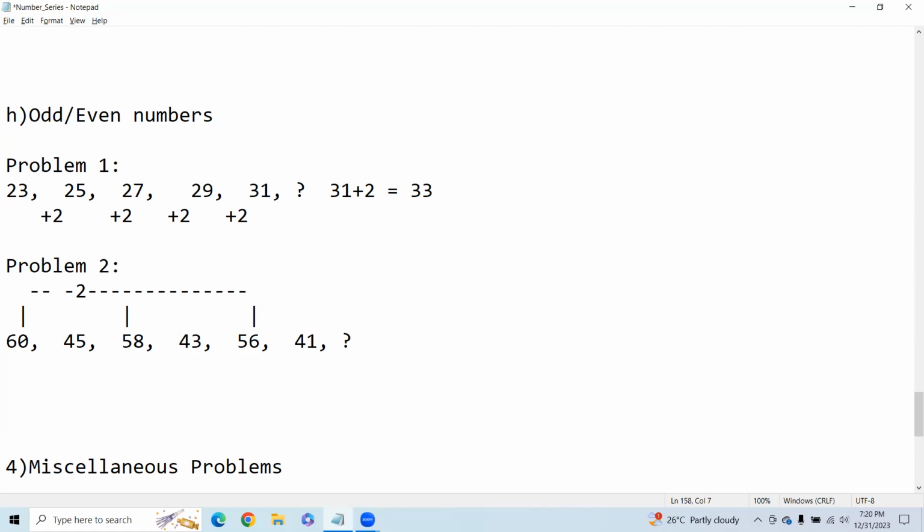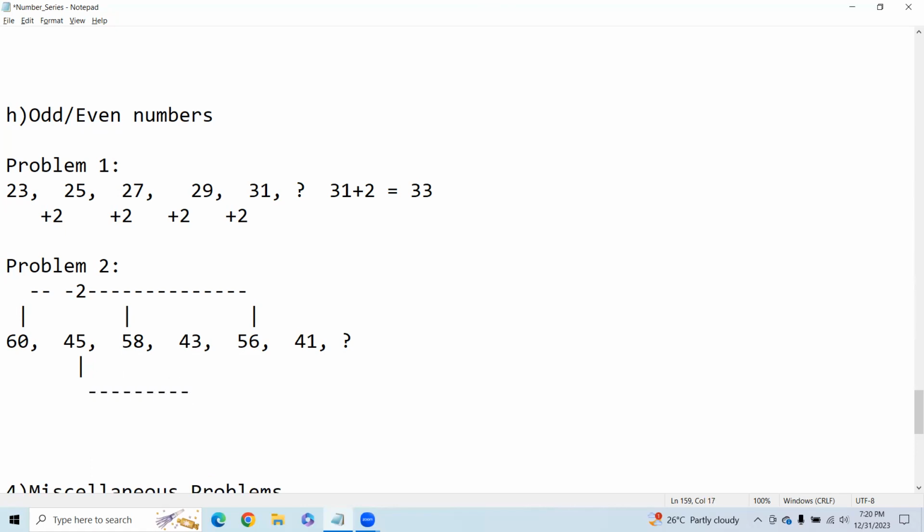So if you look at this pattern, every alternate number is decreasing by 2. So there is a pattern of subtraction, you can say, but it's not in the consecutive digits, it's in the alternate digits. So 60 minus 2 is 58, 58 minus 2 is 56, 56 minus 2 will be 54. This will be our answer.